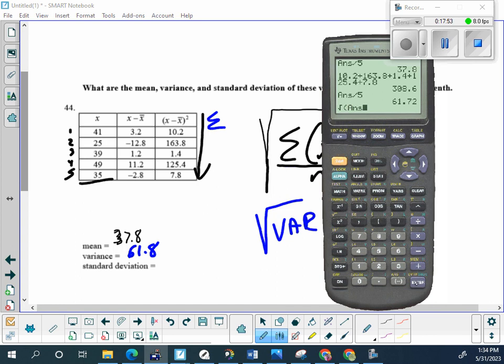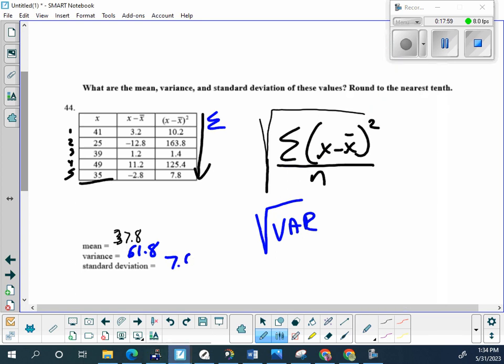I don't know how that got there. Enter, and I get 7.85 or 7.9 for my standard deviation. If you know what's going on with this equation, you'll be in good shape. Your standard deviation is the square root of the variance, and that's how you do that one.